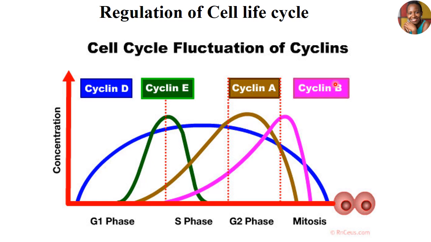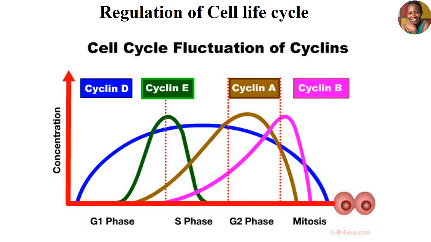So basically, this is how the concentration moves. So the cyclins get released and build up on each other as we progress from one phase to the next all the way to the final phase. So these are our cyclins: cyclin D, cyclin E, cyclin A, and cyclin B.